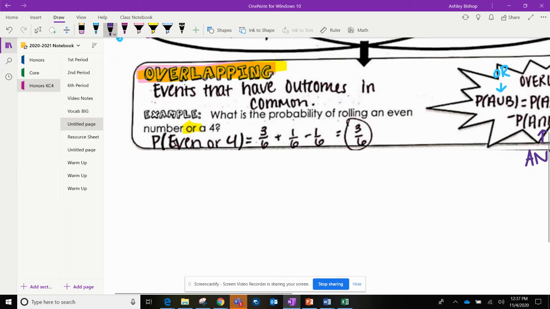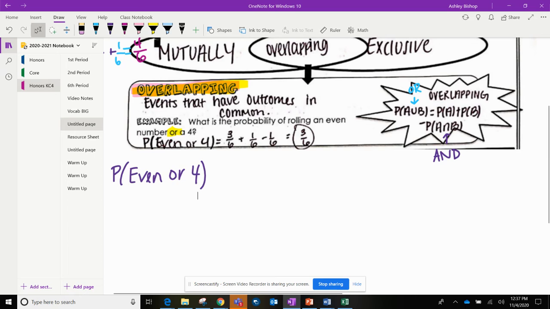And so this would be the work that I need to show. The probability of getting an even number or a 4, once I decide that these two things can happen at the same time, I have overlapping results. So I need to use this formula right here.